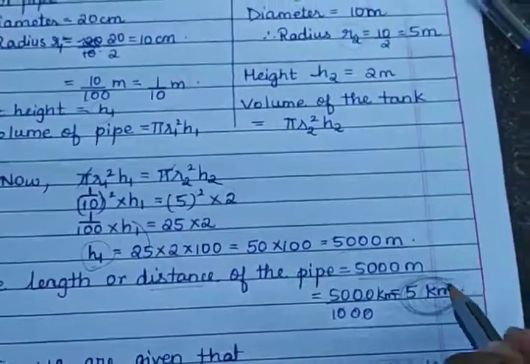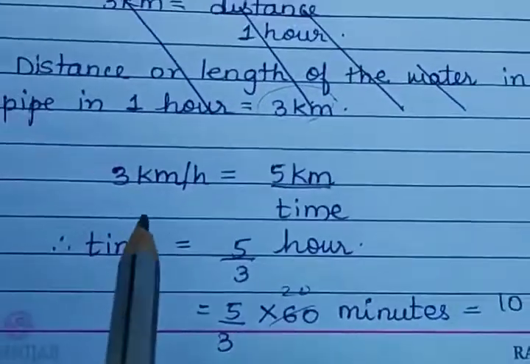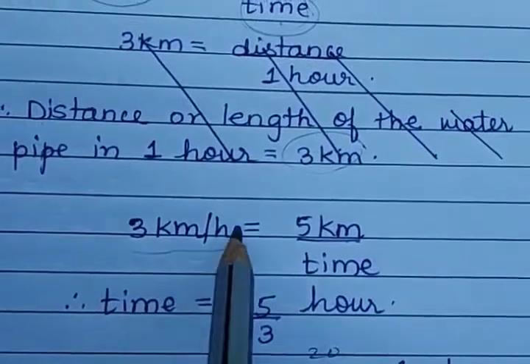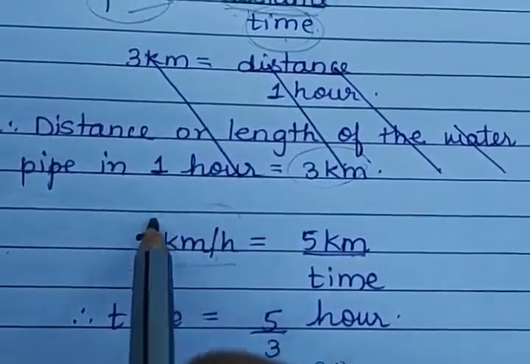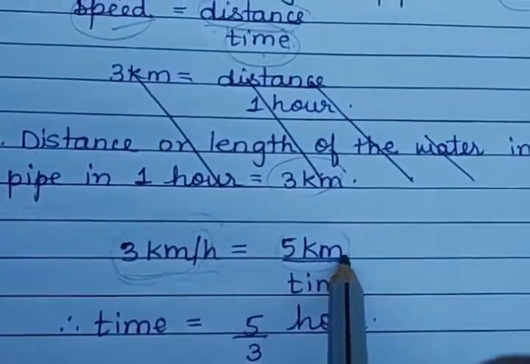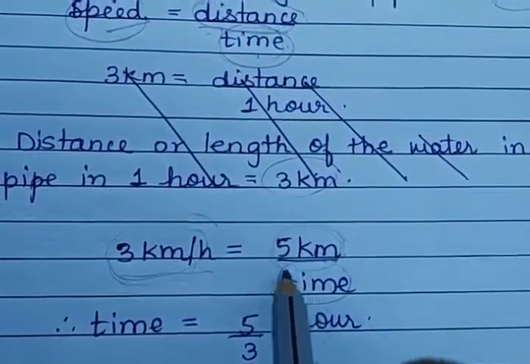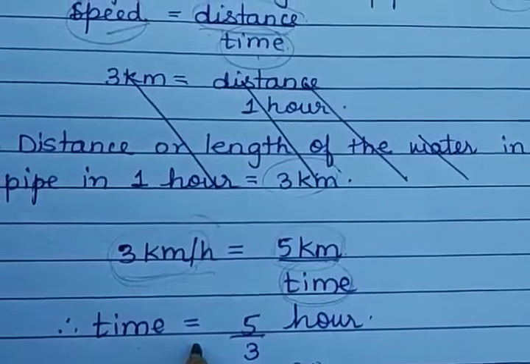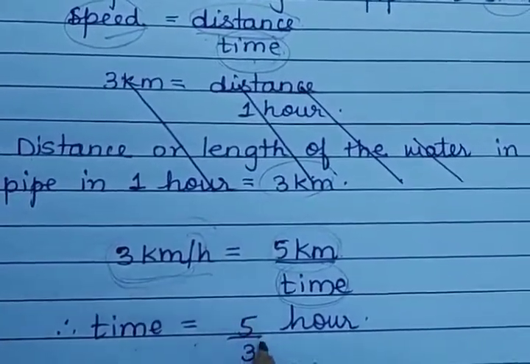We know the speed is 3 kilometers per hour, so in 1 hour, 3 kilometers. For a 5 kilometers length or distance, we have to find the time. So time will be equal to 5 upon 3.